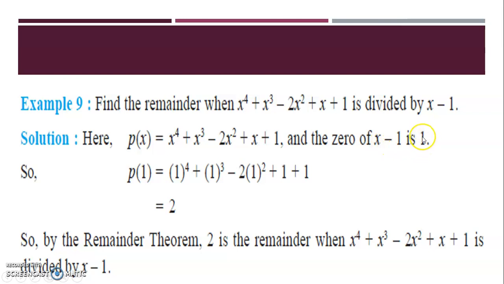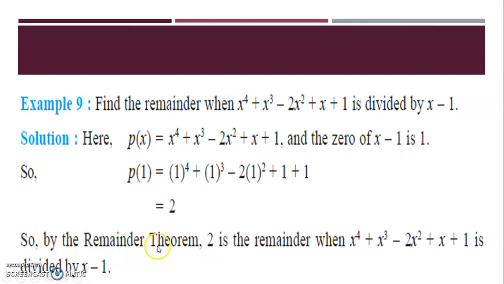What do we have to do? We have to substitute 1 in the dividend. So p of 1 will be 1 to the power 4 plus 1 cube minus 2 into 1 square plus 1 plus 1, and that will be 2. So the remainder when p of x is divided by x minus 1 will be p of 1, and that is 2.